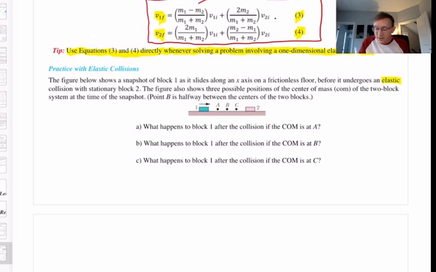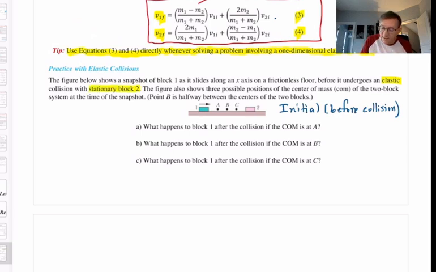So this is the initial picture that it's drawn for me. Initial here means before the collision. And it tells me that before the collision, block 2 is stationary.